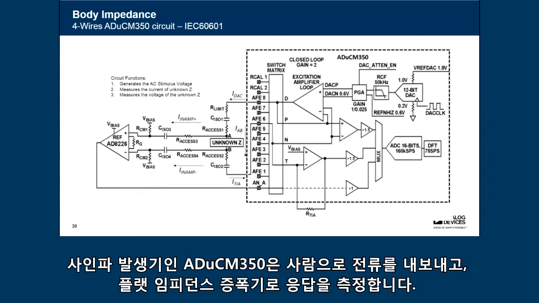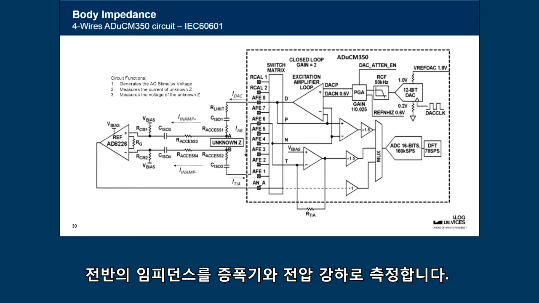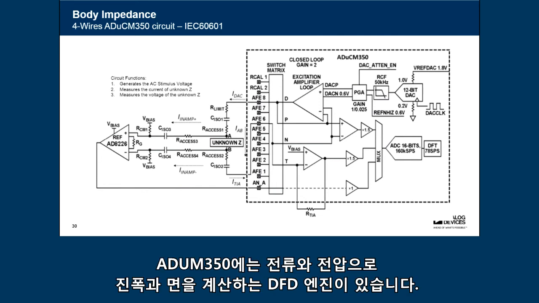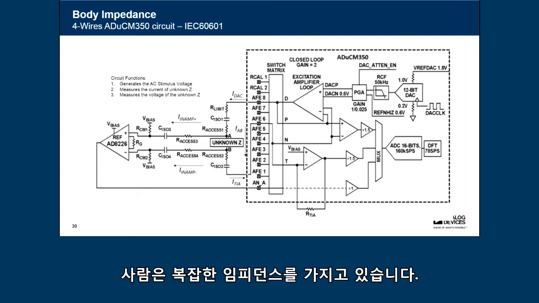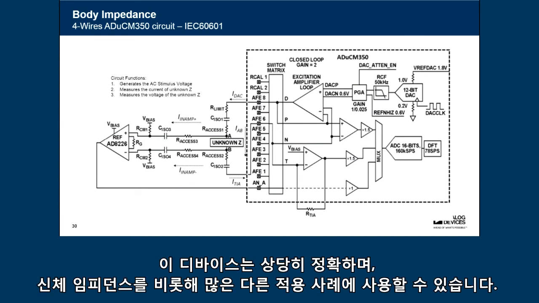We measure the response with a transimpedance amplifier, and over the impedance we measure the voltage drop with an additional amplifier. Then the ADuCM350 has a DFT engine that calculates your amplitude and your phase from the current and the voltage. So in fact you have your complete complex impedance. The device is very accurate and could be used for a lot of different use cases, including body impedance.